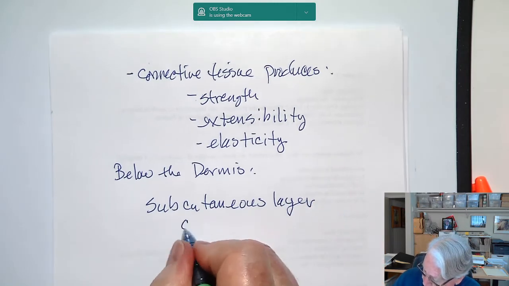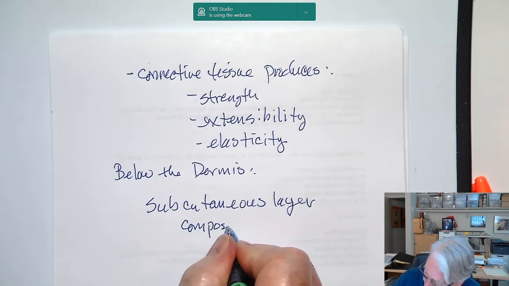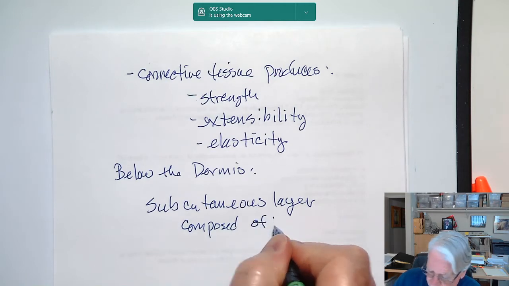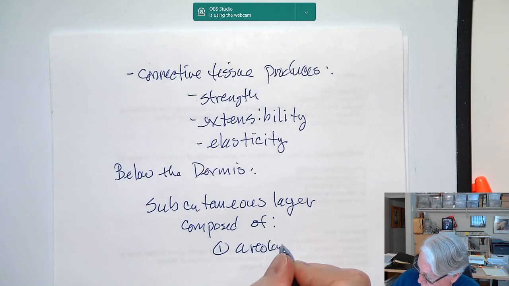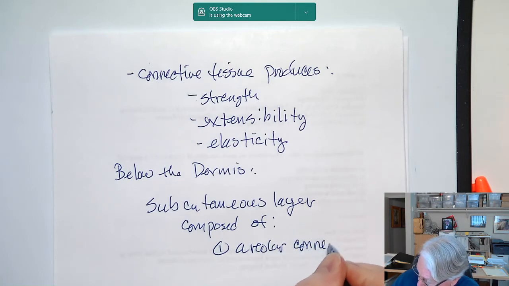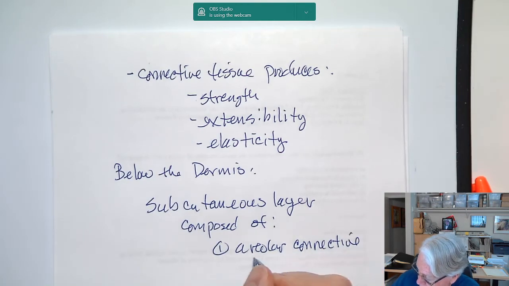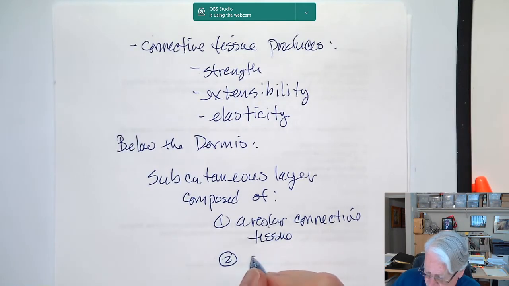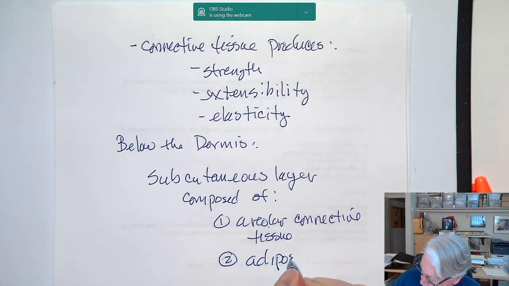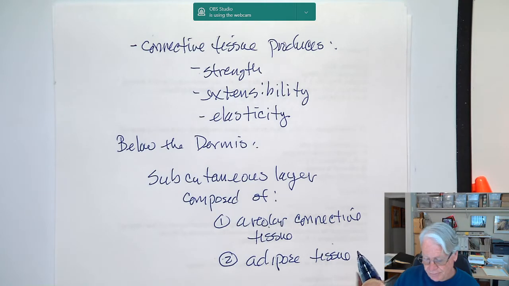And this is composed of number one, areolar connective tissue, number two, adipose tissue. Okay.